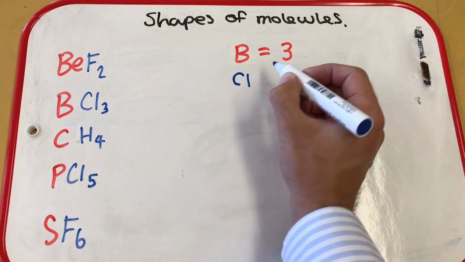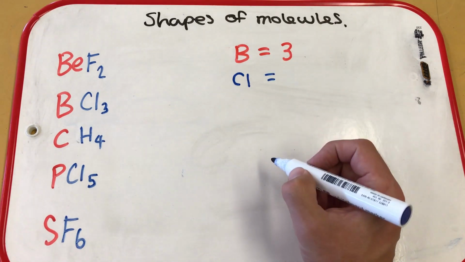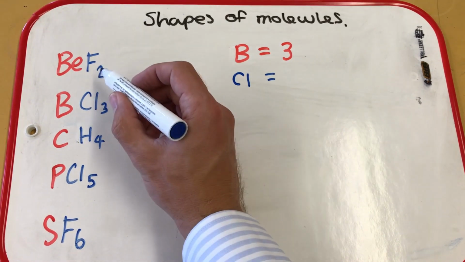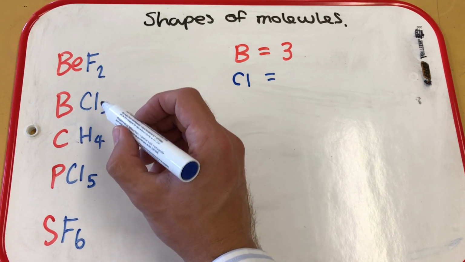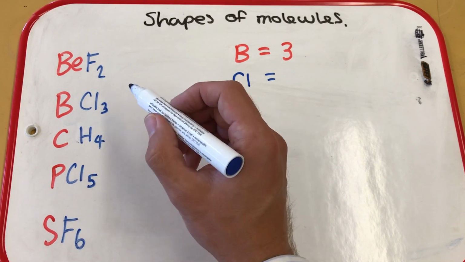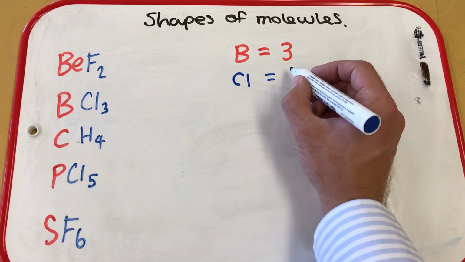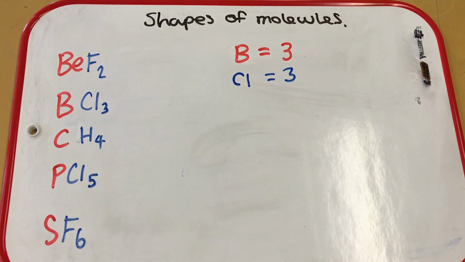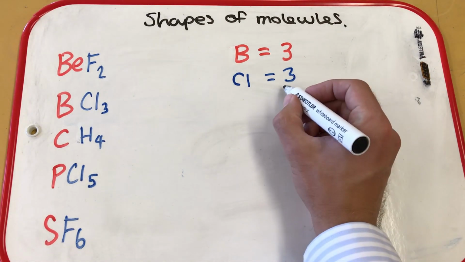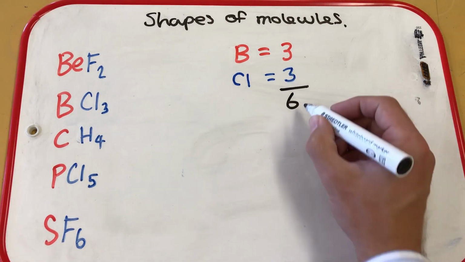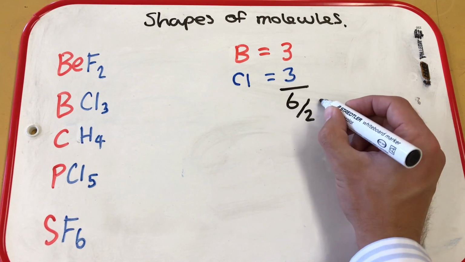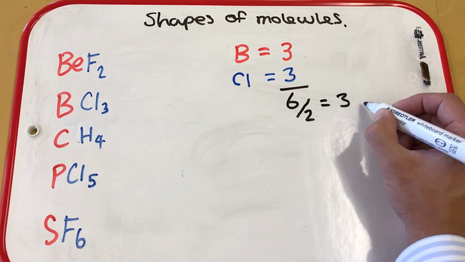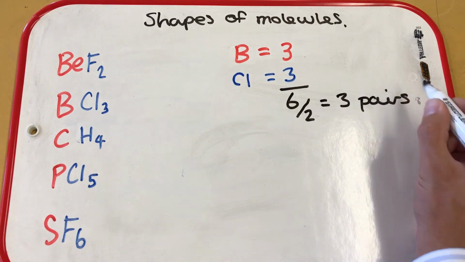Then identify the number of atoms bonded to the central atom. In each of these examples the atoms are all the same, but you would just count up the number of each type of atom bonded if they were different. There are 3 chlorines bonded here. That gives us a total of 6 electrons available. Divide that by 2 again to find the pairs, so that's 3 pairs of electrons.